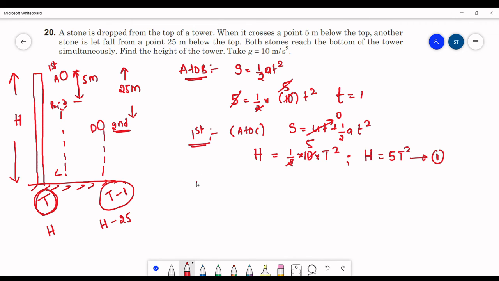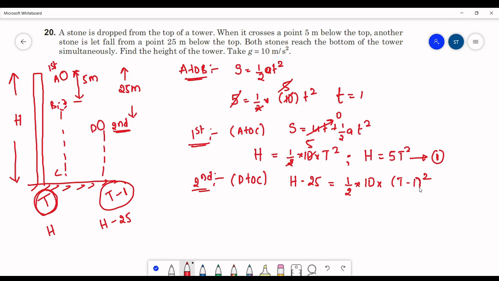Now for the second ball from D to C, where C means ground level here. Again apply S equals ut plus half at square. Here S will be h minus 25 equals half into g, 10, into time of travel, which here will be t minus 1 second.